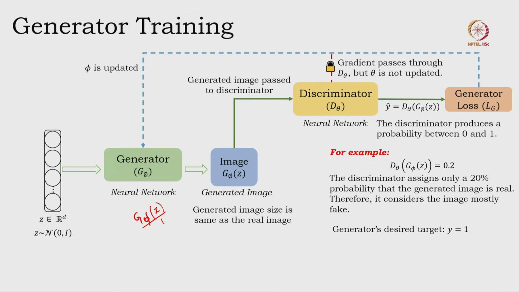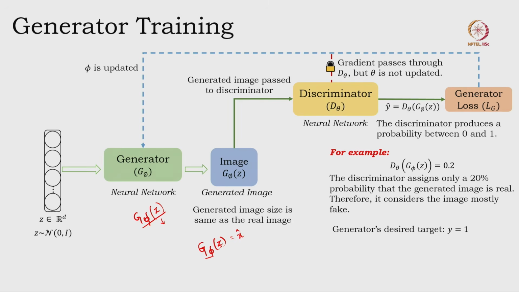From this, you get the generated image. The generated image is denoted like this, because this is the one generating, and it is generating with the help of Z. So this is the generated image, and in short we represent it as X hat.